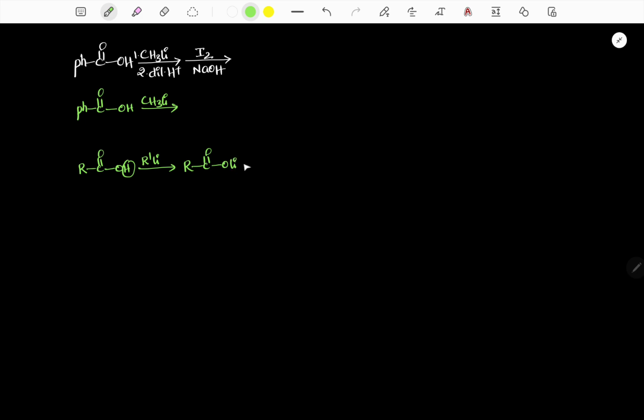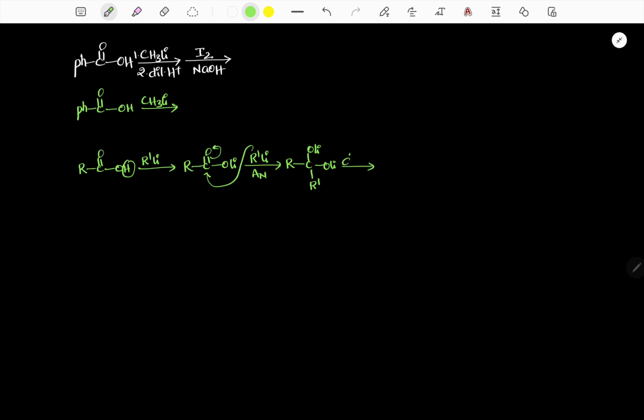Again it reacts with R-Li, nucleophilic addition takes place, and the corresponding product has OLi, OLi and nucleophile R dash.